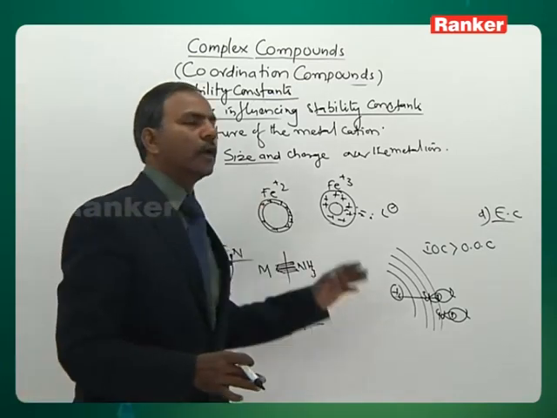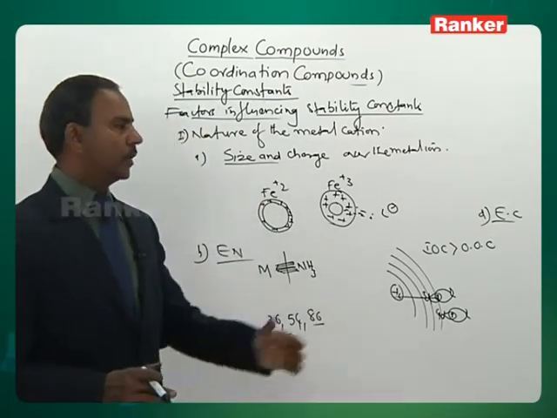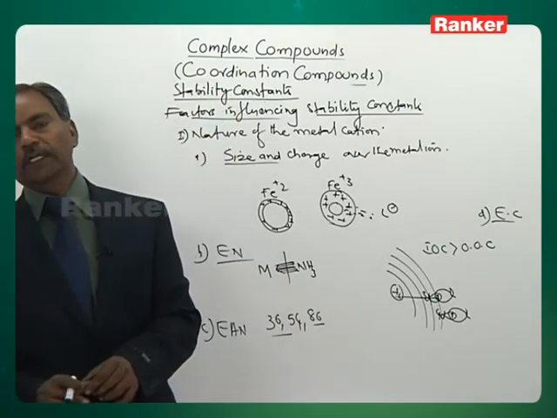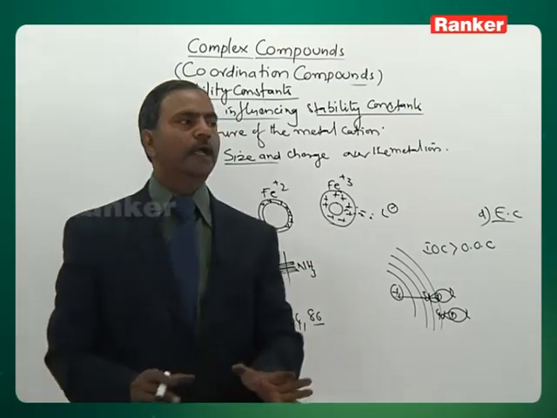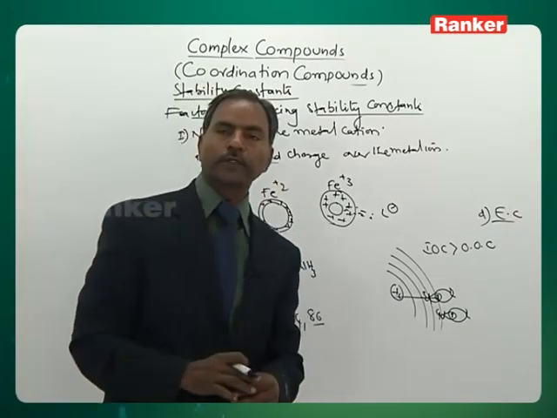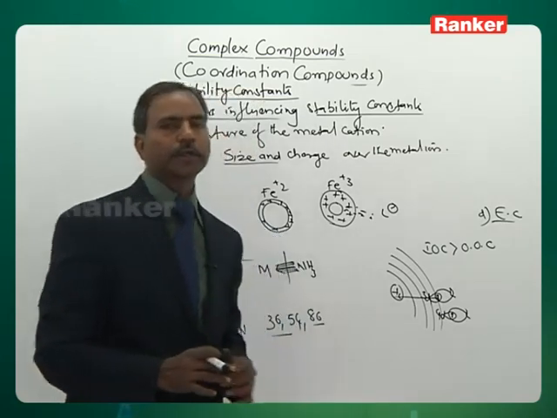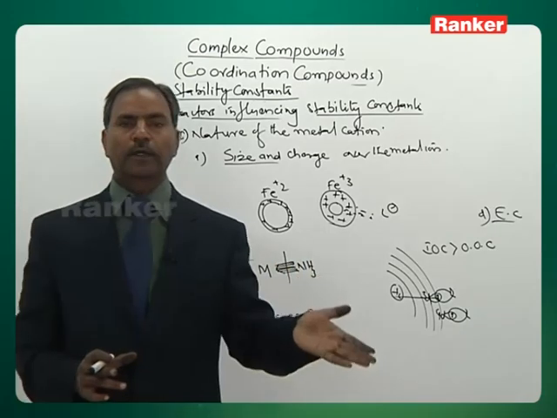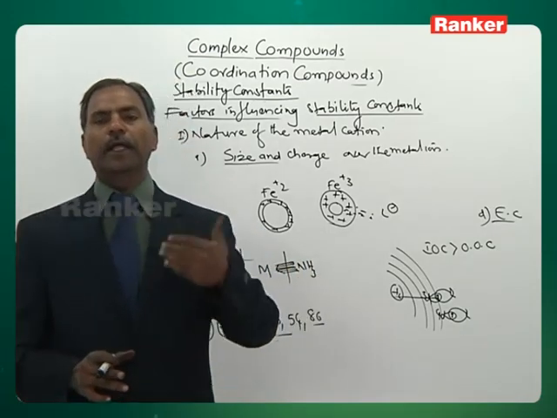Therefore, outer orbital complexes are found to be less stable. So inner orbital complexes are more stable, outer orbital complexes are less stable. This is the concept about how the stability constants are influenced by the nature of the metal ion. These are the factors. Next, let us see the stability constants which are influenced by ligand nature.